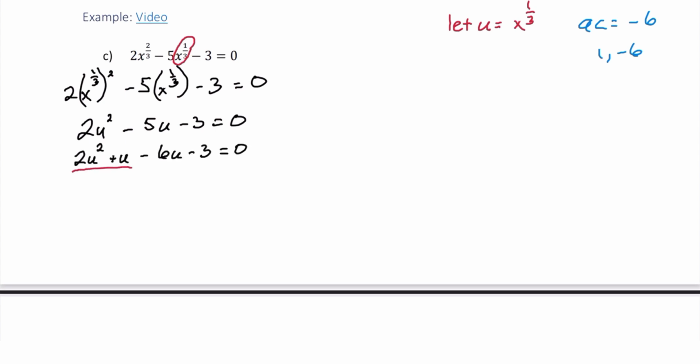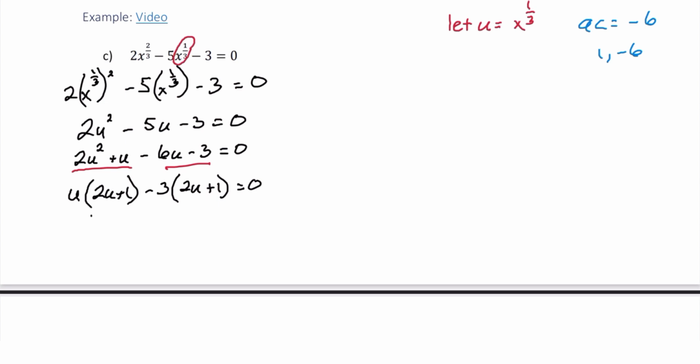Factor by grouping, looking at the first two, those first two terms have a u in common. Factor out the u, we get 2u plus 1. Focus on the last two. Those two terms have a 3 in common, and since the first term is negative, we'll pull out a -3. When we pull out the -3, we're left with 2u plus 1.